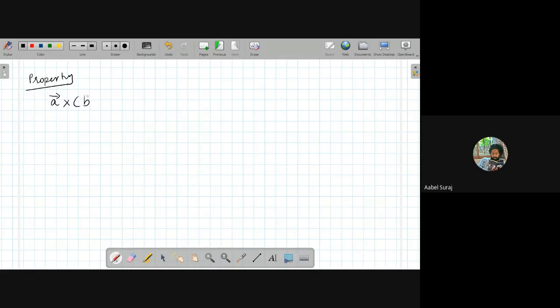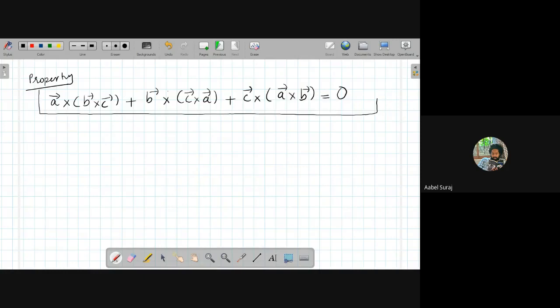A cross B cross C plus, in the cyclic manner, B cross C cross A, plus C cross A cross B, which will be equal to 0. So this is another property of the vector triple product, right?